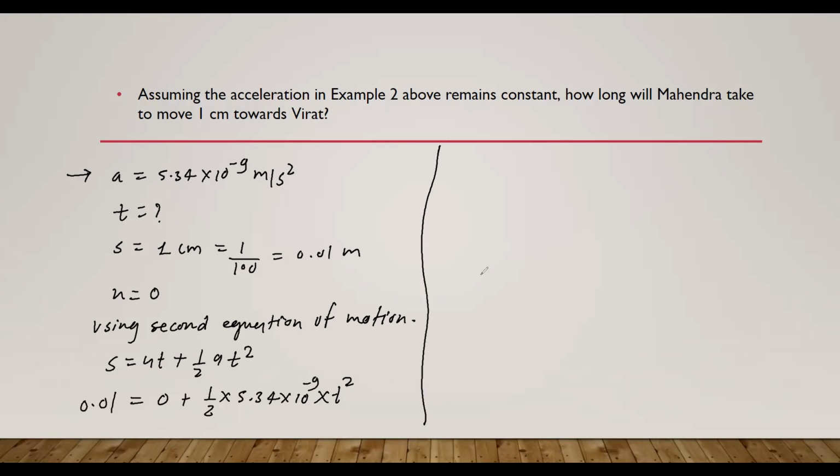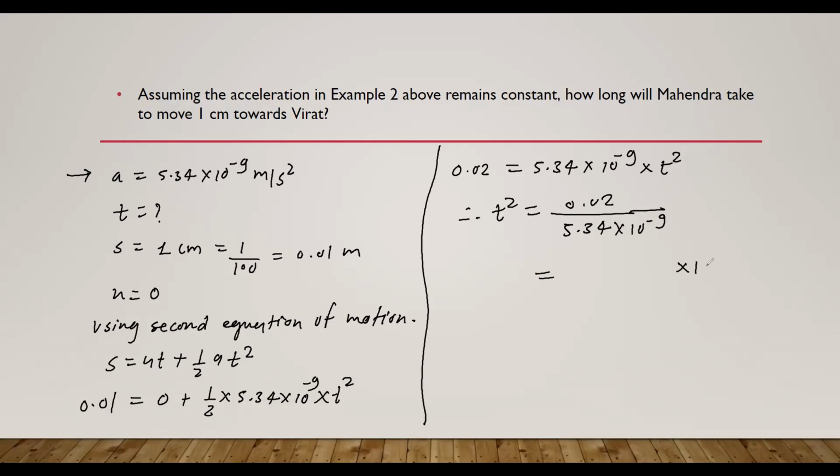10 raised to minus 9 is here. So 2 will come in the multiplication on the other side, on the left hand side. 0.01 into 2, so you'll get 0.02 is equal to 5.34 into 10 raised to minus 9 into t square. So you'll get t square as 0.02 divided by 5.34 into 10 raised to minus 9. Okay.